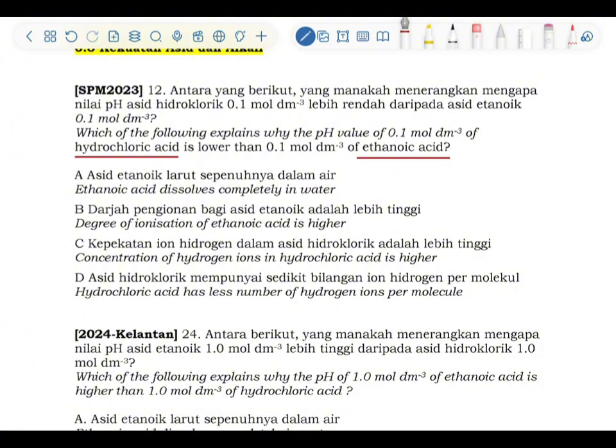The thing that you might observe is that the hydrochloric acid and the ethanoic acid actually have the same concentration, but the question is asking why. So you need to give the reason. Reason for what? Reason for the pH value, why the pH value for the hydrochloric acid and the ethanoic acid is not the same, even though the concentration is the same.